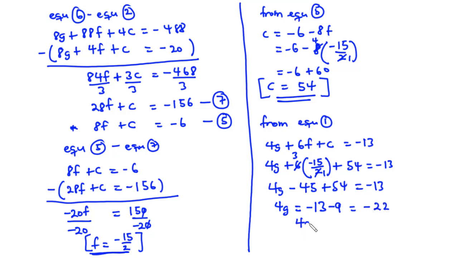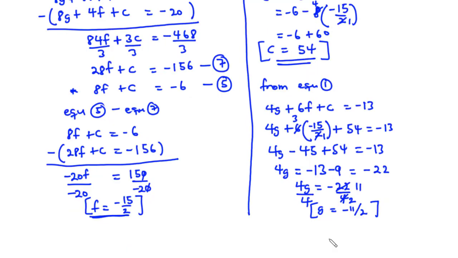So we have 4g equals negative 22. Because we want to find the value of g, we divide through by 4, and then we have g equals, 2 goes into 4 twice, and then into 22 11 times. So we have negative 11 over 2. So this is the value of g.